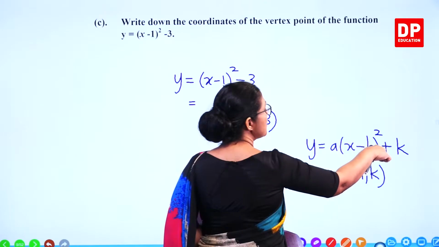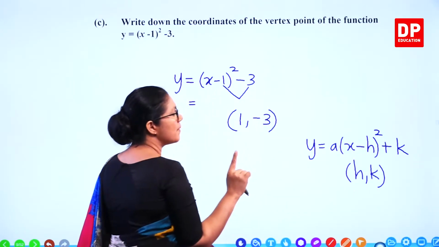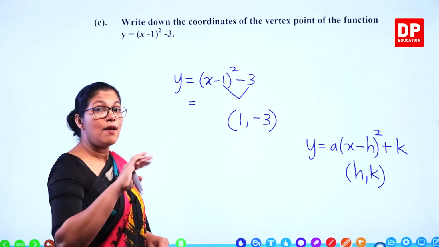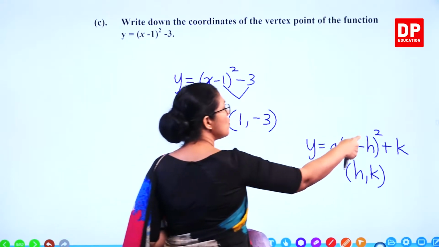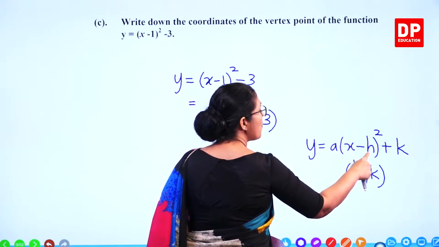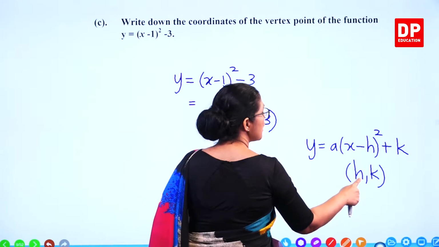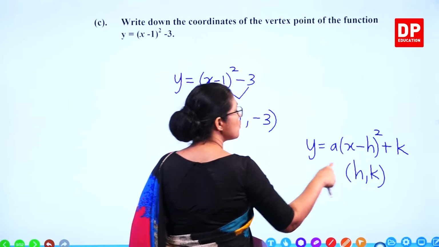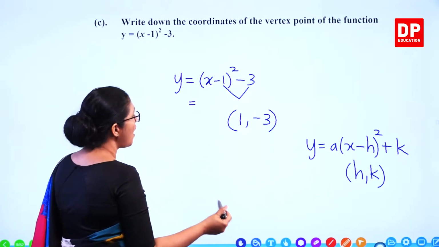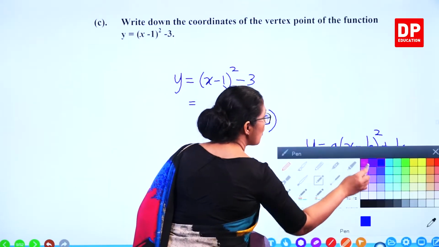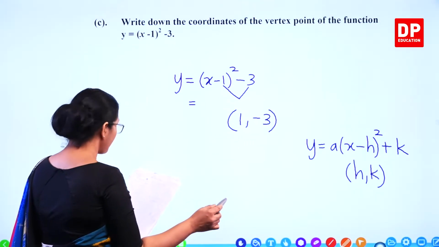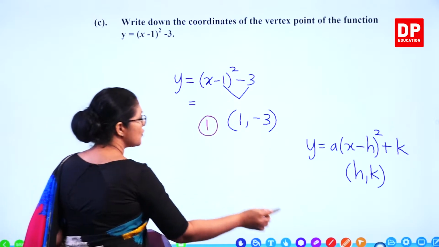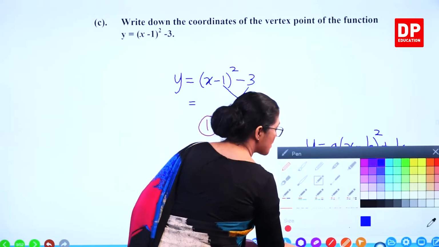K value, if it's negative, you have to take the same k value. Y value is the same, but when it comes to x value, you have to take the opposite sign. If it's minus, you have to take positive. If it's positive, you have to take the minus value. So 1 and minus 3 are the coordinates. So 1 mark there. So we gave 10 marks for that.